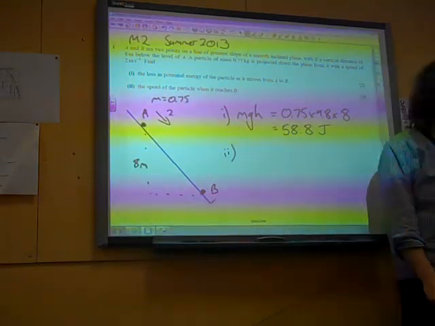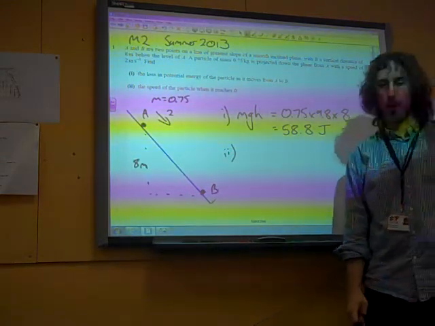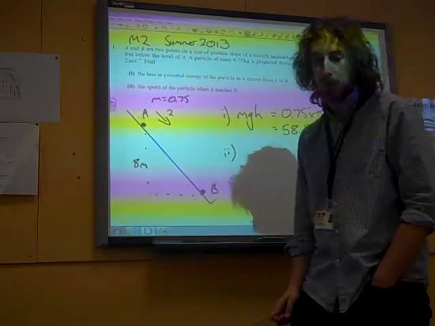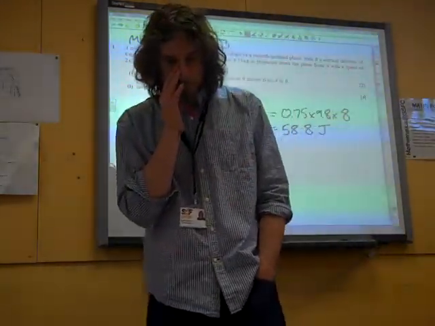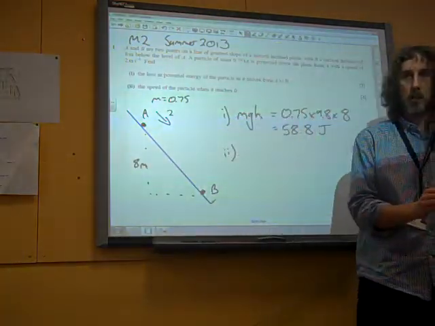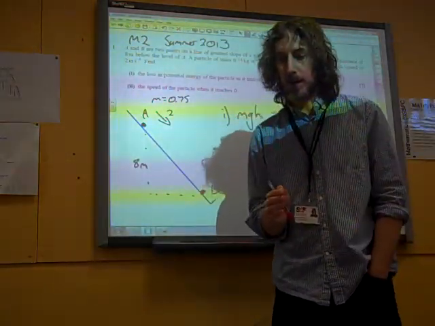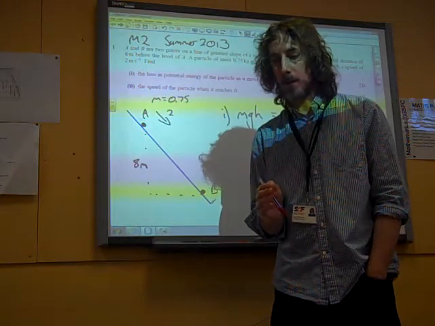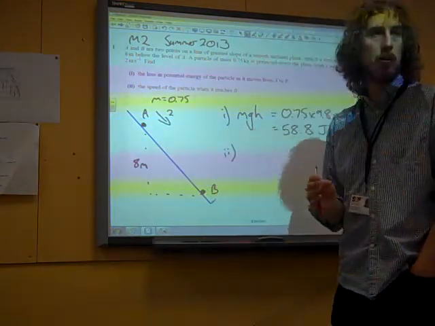The speed of the particle when it reaches B. Here we've got to bring into account the change in kinetic energy. The change in kinetic energy is going to be equal to this loss in gravitational potential energy.